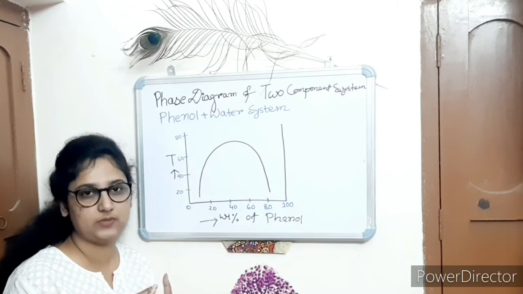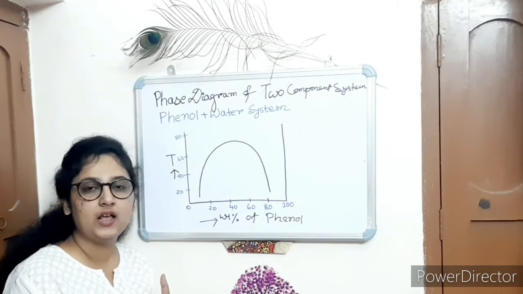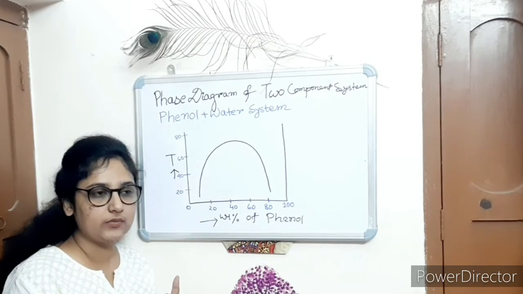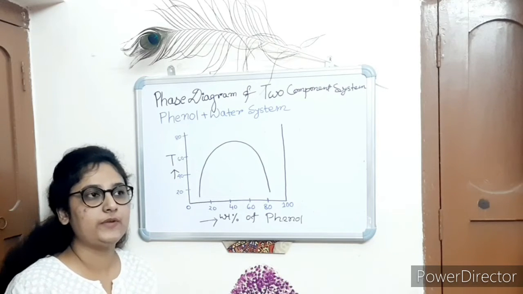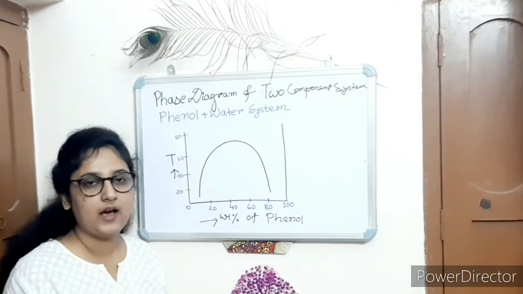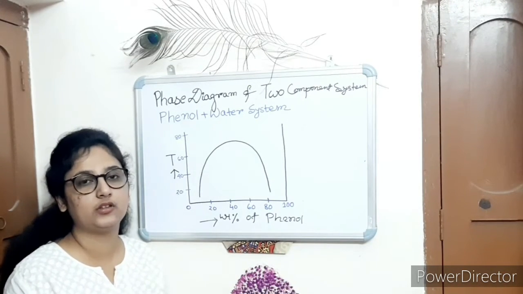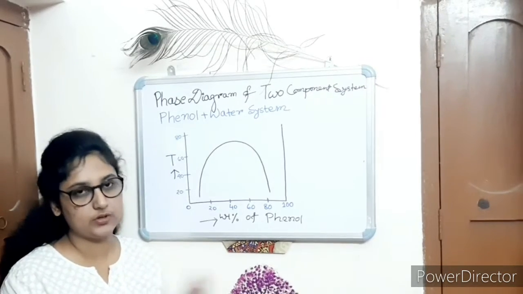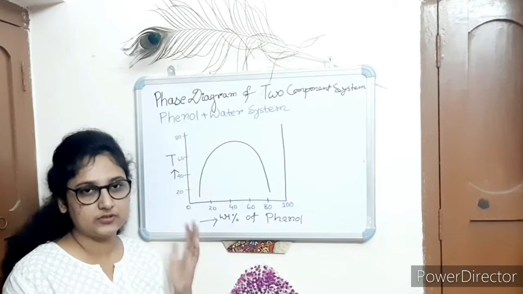You can distinguish between them what portion is the oil portion and what portion is the water portion. But some liquids may form a homogeneous solution also, but up to a certain composition, and it is also dependent on the temperature of the system. And phenol water is an example of that type of solution.